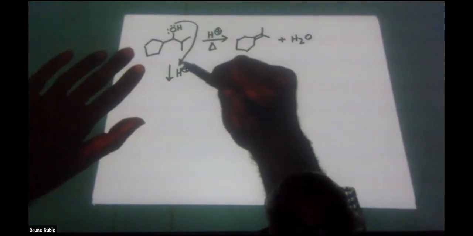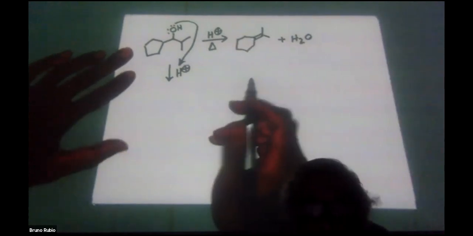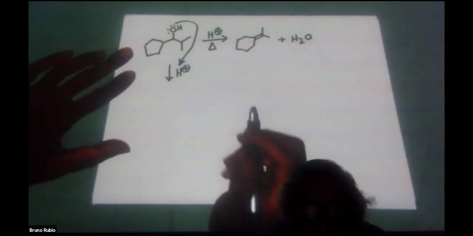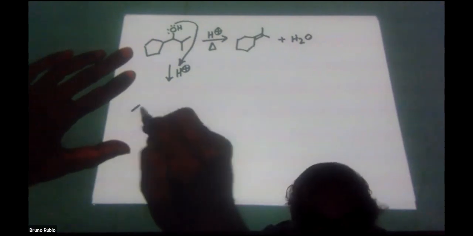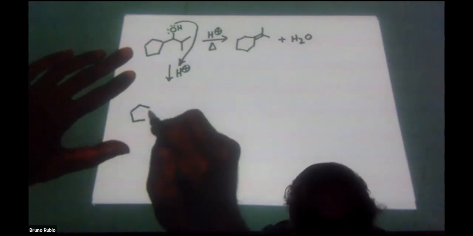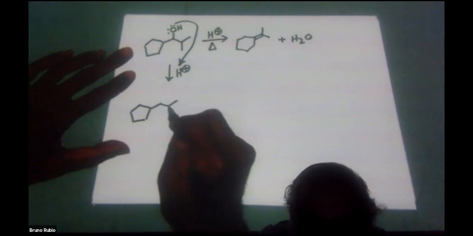So this is a theme that we see repeatedly. This oxygen has some unshared electrons on it, and the oxygen atom uses those electrons to snag a proton from the solution.